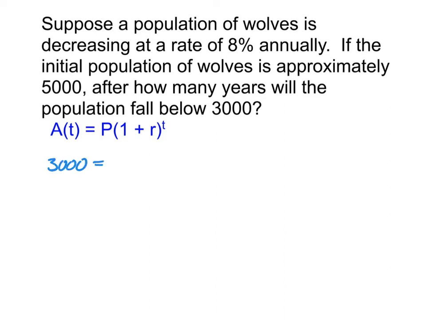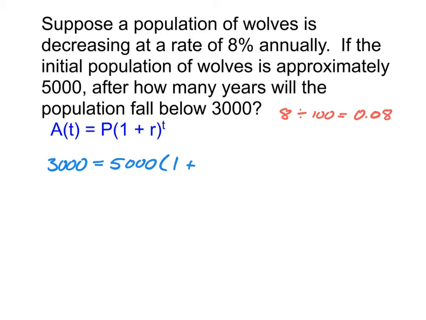Okay? P is my starting value. Our population starts at 5,000. And then it's going to be 1 plus R. Now, R comes from the percent, so I'm going to take that 8% and divide it by 100 in order to turn it into a decimal. That means that we can actually do the math on it then. So that's going to be 0.08.